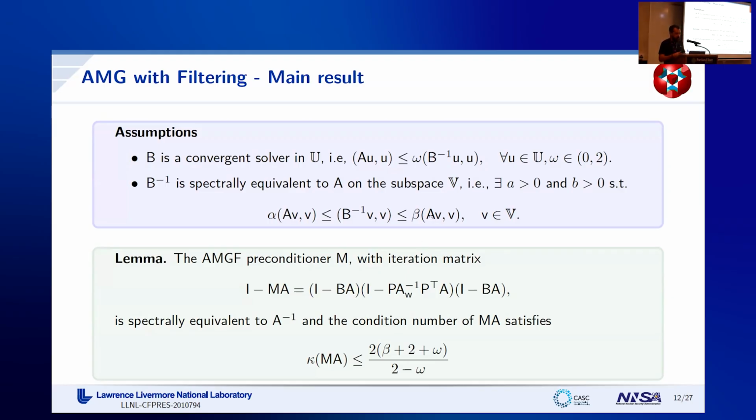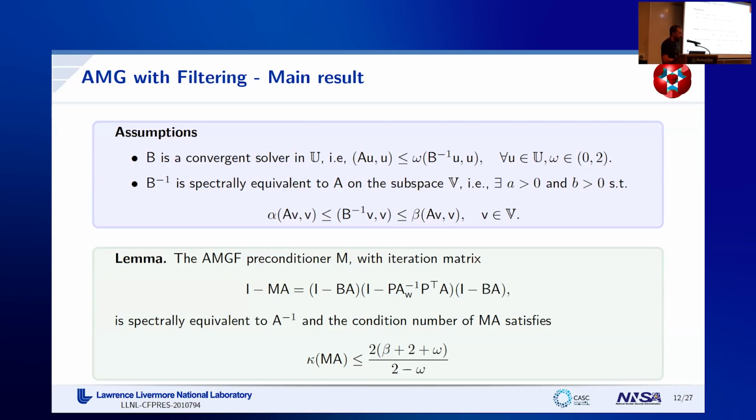In our case, it's the space where contact is not happening. Then you can show that this multiplicative coupling of solver, and in the middle this correction, gives norm equivalence of this preconditioner M with the inverse of A.